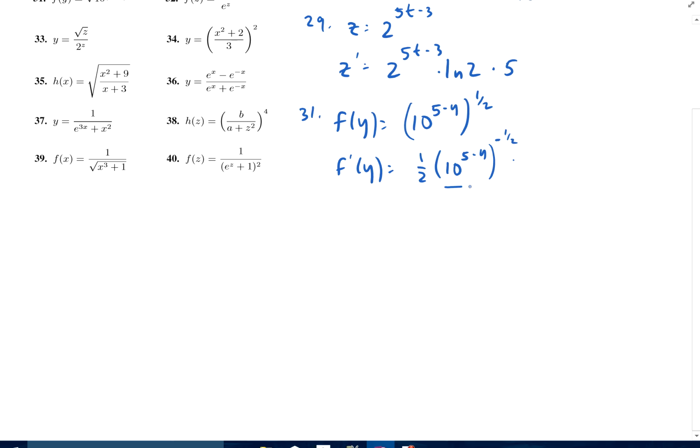Well, what's the derivative of the inside? 10 to the 5 minus y times natural log of 10 times the derivative of the inside of that one, times negative 1. Okay, so we got two derivatives, and that's because the inside function also has an inside and outside. Okay, it's a composition of functions.